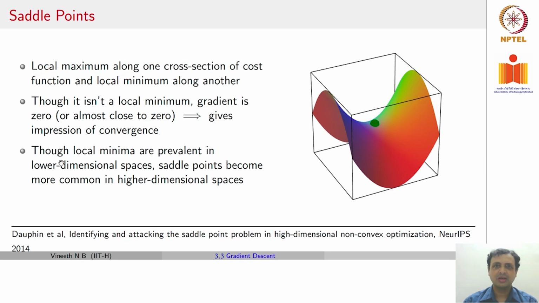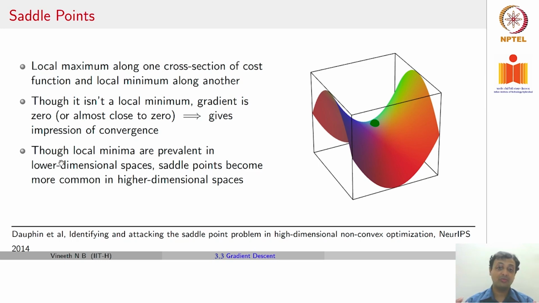Why so? A simple intuition for that is, if the dimension of your error surface or the dimension of your weights is going to be say 1 million, let's say you found a critical point. Maybe that critical point is a minimum for 999,999 dimensions or weights. But there could be still that one dimension where it ends up becoming a maximum.